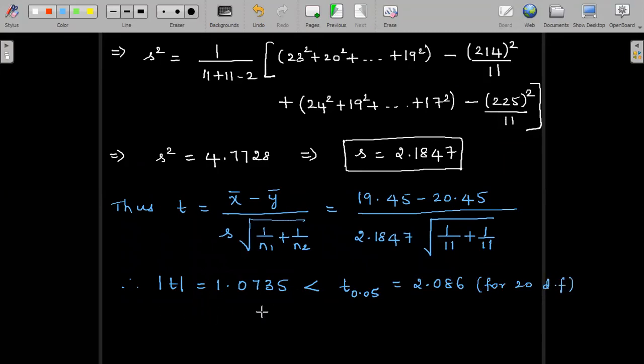So thus the calculated value of t is less than the table value of t, hence the hypothesis is accepted at 5% level of significance. So H0 is accepted at 5% level of significance. Now H0 is accepted means it is one and the same as saying there is no significant difference between the means of the test marks.